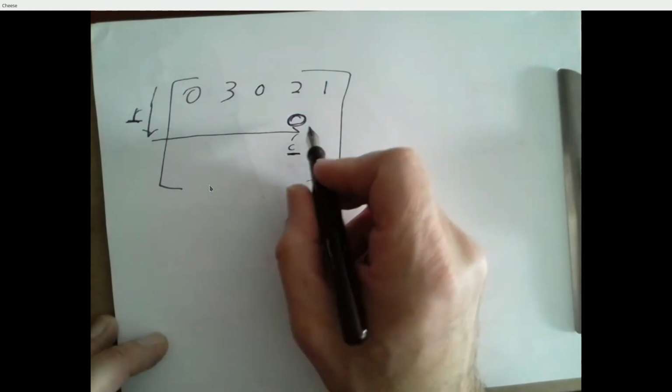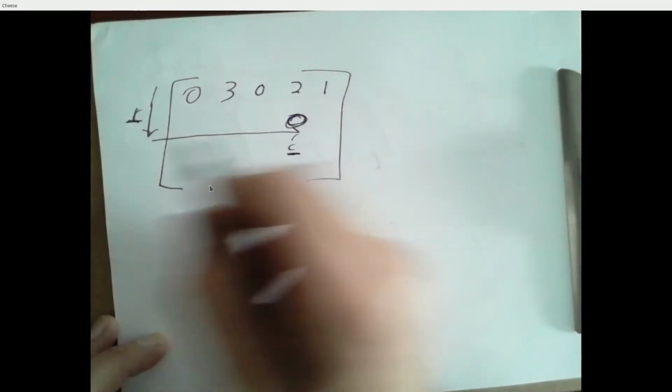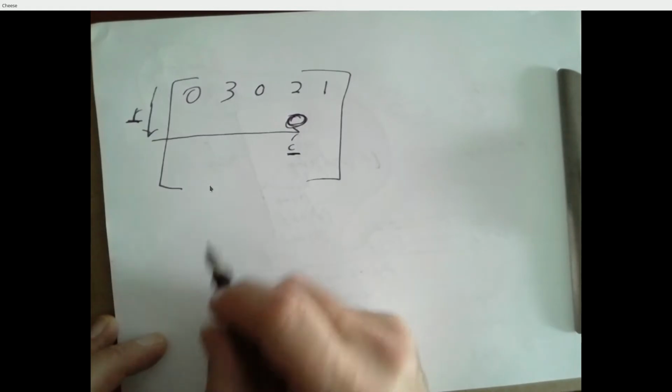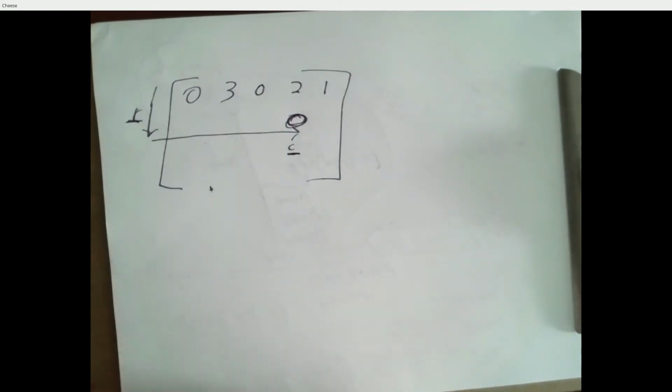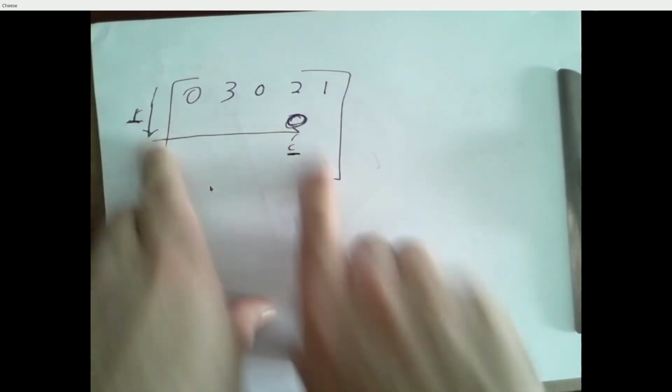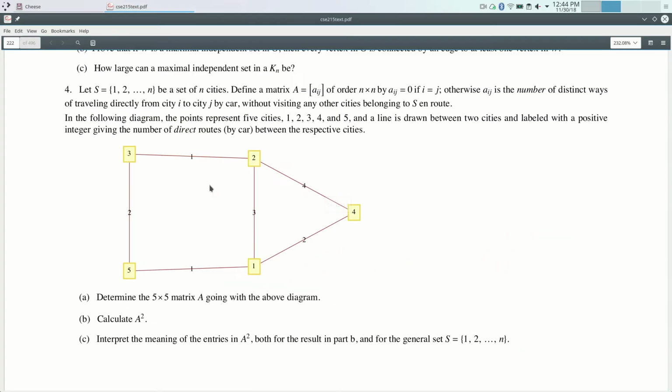So if we're in row 2, column 4, this is the number of direct routes between cities 2 and 4. So when you take A squared, look at your resulting matrix, think about, okay, this corresponds to something about cities 2 and 4, and take a look at your graph and see if you can figure out where that number has some meaning, right? So it's kind of an open-ended question, but there's a fairly specific answer that may or may not jump out at you.